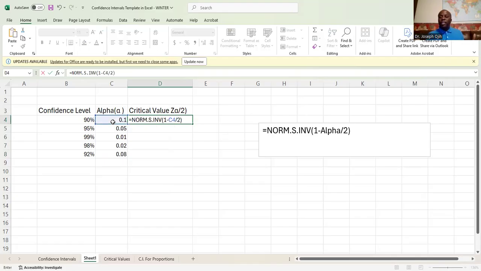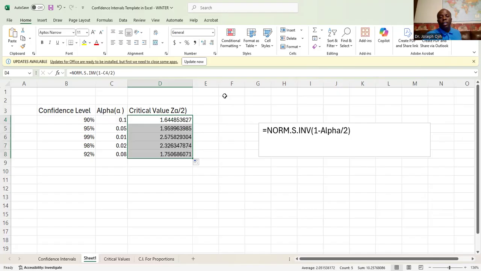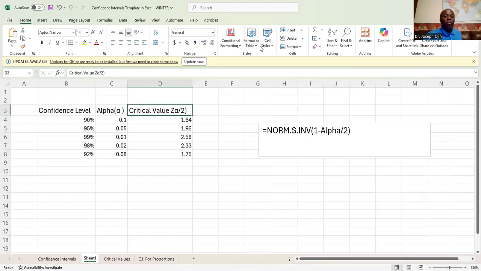When you press the enter key, it gives you the critical value, 1.64, and then you can copy the formula down and it will calculate the rest. Then you can make it 2 decimal places, which we normally use. So that's our confidence level and critical value right there.